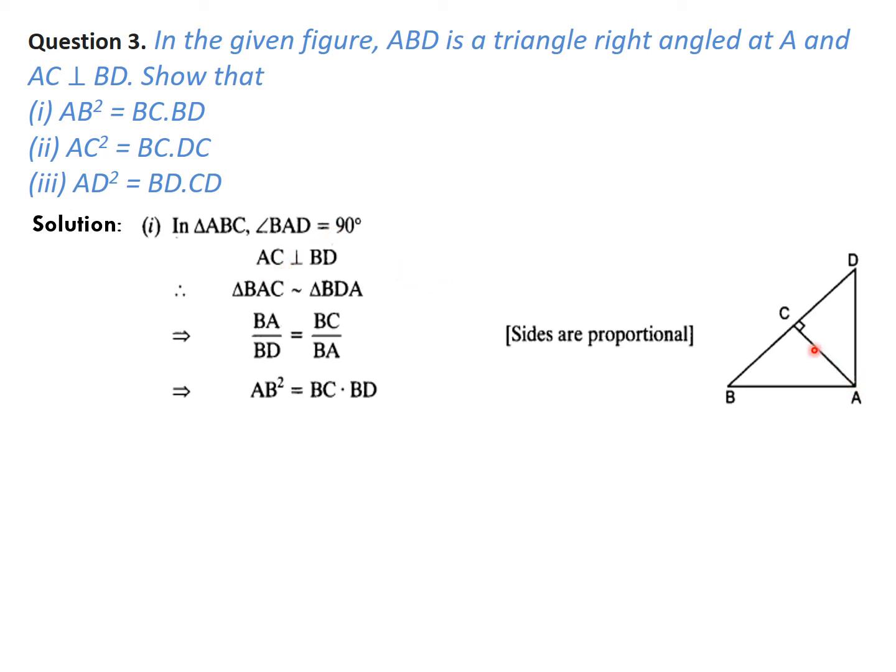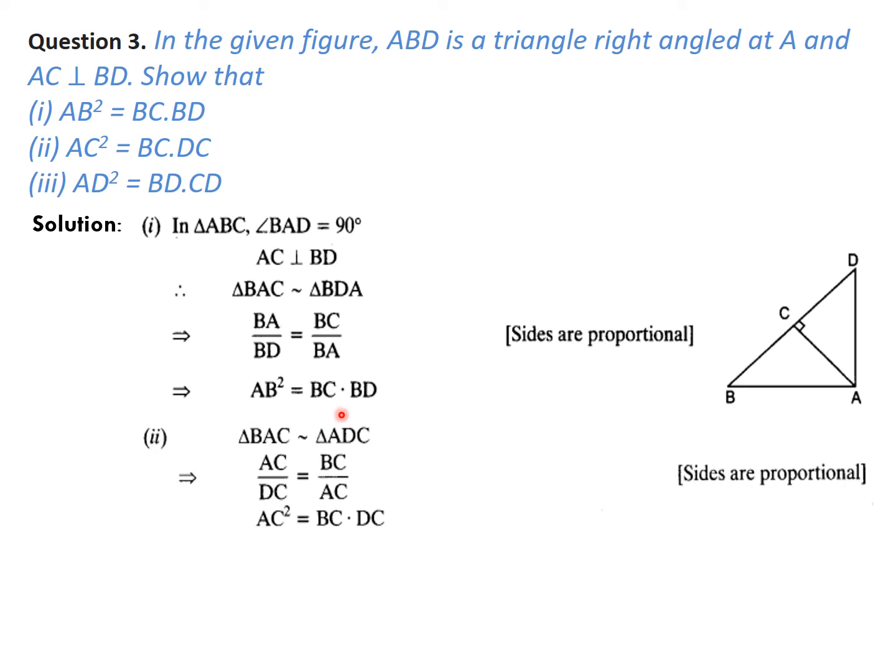So since it is a perpendicular on a right angle triangle, we can simply say that these two triangles, that is BAC, this one, and BDA, the larger triangle, are similar using the theorem. So from here we can write down the ratio of the sides, that is BA by BD is equal to BC by BA. Now cross multiply, we get AB square is equal to BC into BD, hence proved.